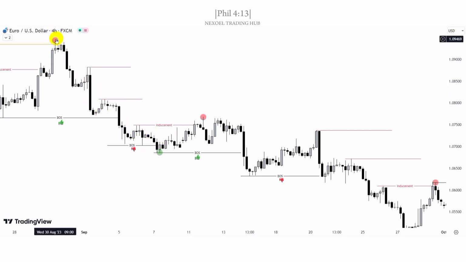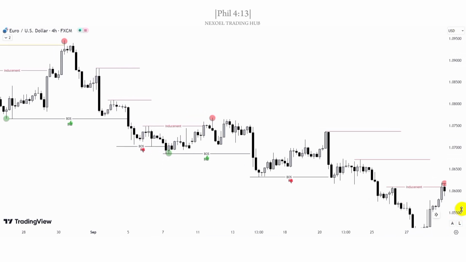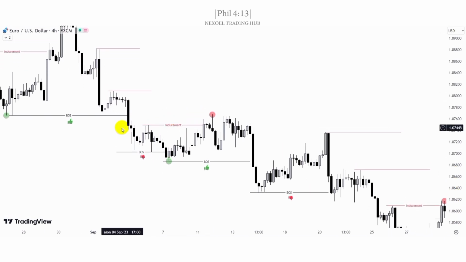This is the entire impulsive leg move from this high to this low, and this is the pullback. Understanding that the market will take out internal range liquidity helps you to understand when a market actually is in a reversal condition. If you don't understand that, you would consider the break of this high as a reversal, which is actually wrong.